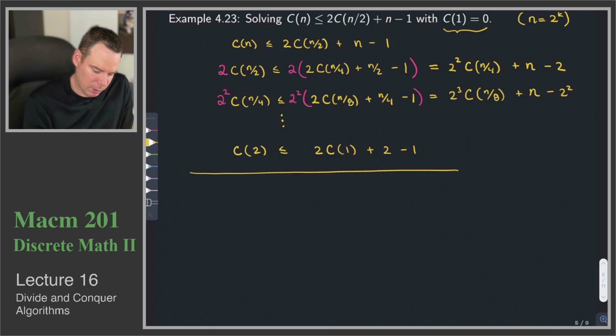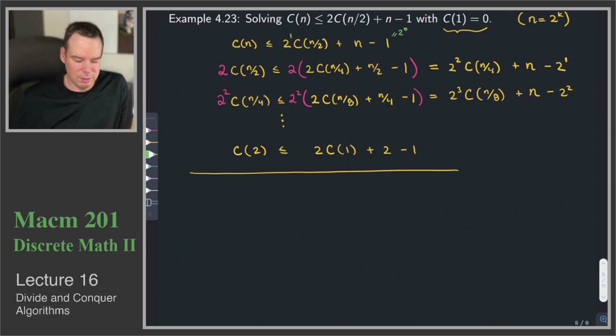I see that these are going to be powers of 2, so I'm going to put a 2 to the 1 up on that one as well, just so we can start to see a pattern emerging. And I can even go back up to the top and put some things to indicate the pattern. This is a 2 to the 1, and this here we can think of as a 2 to the 0.